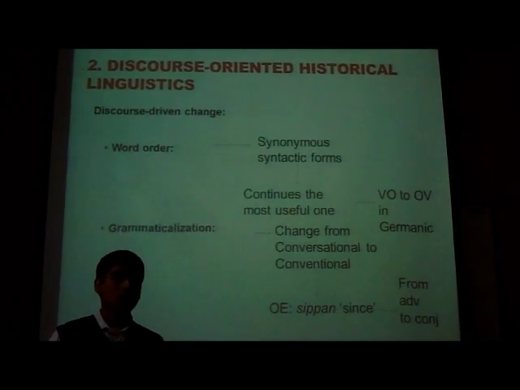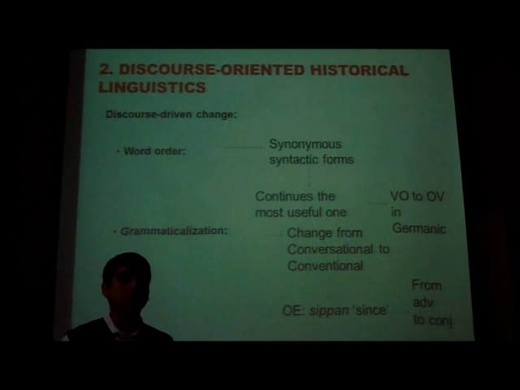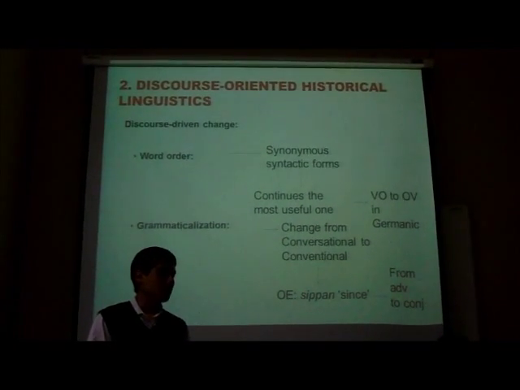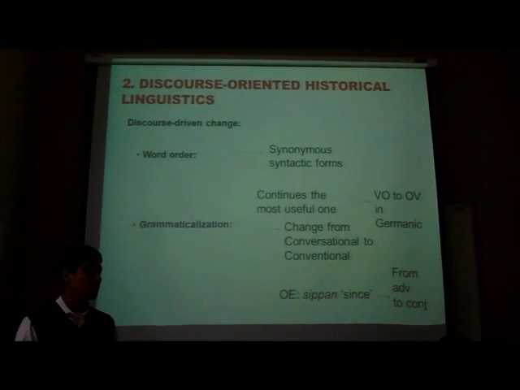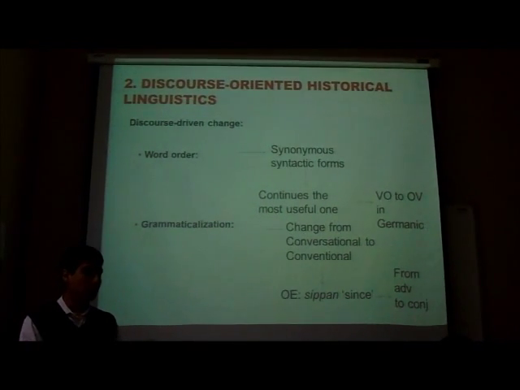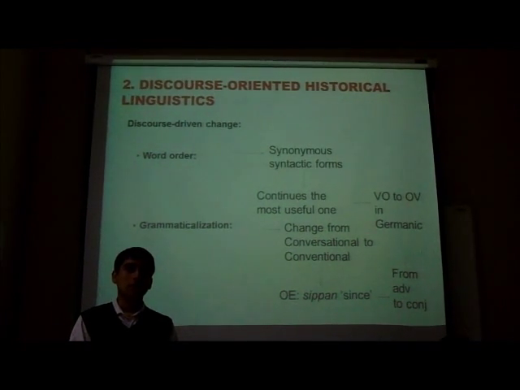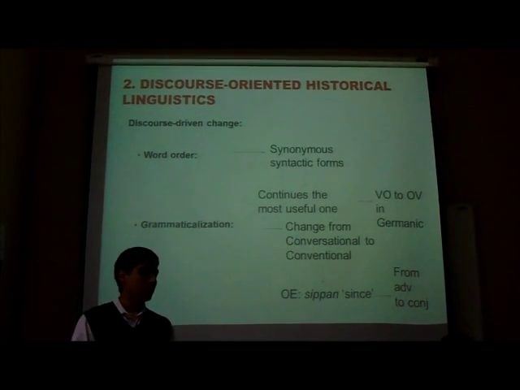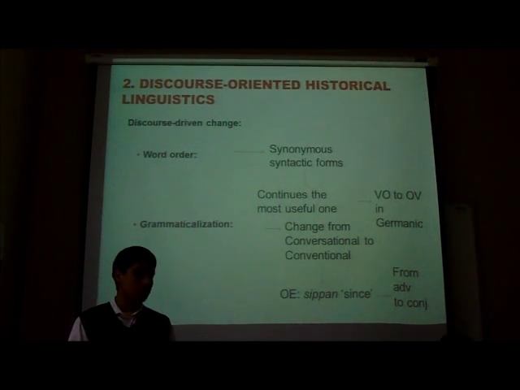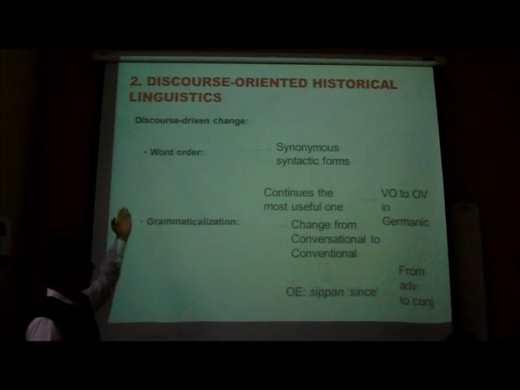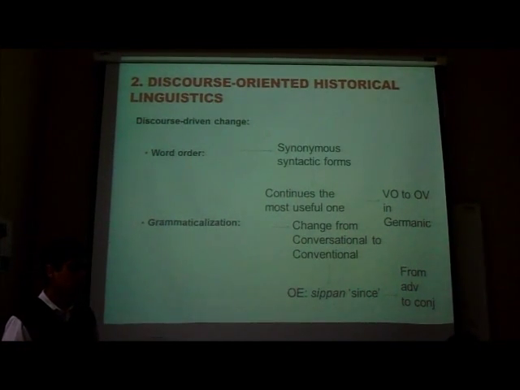And now we're going to cover another perspective of the historical discourse, which is discourse-oriented historical linguistics. In the first point, we have discourse-driven change, in which we have word order and grammaticalization.